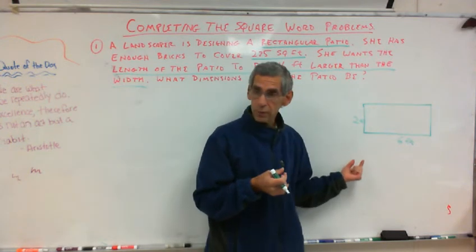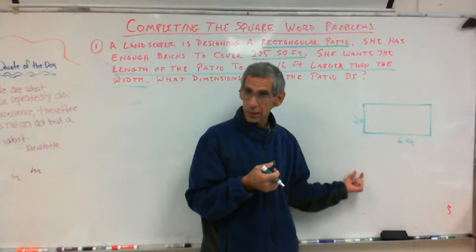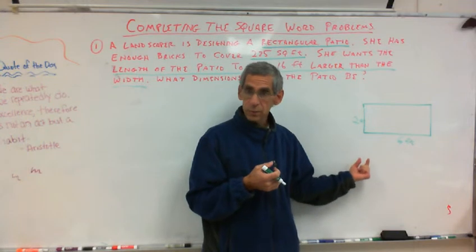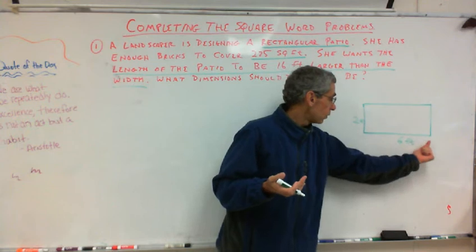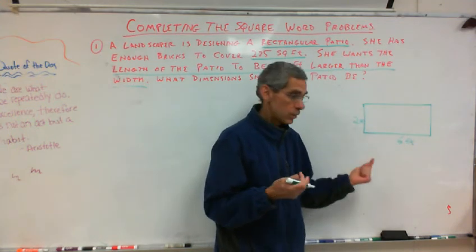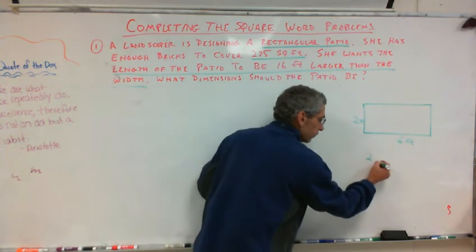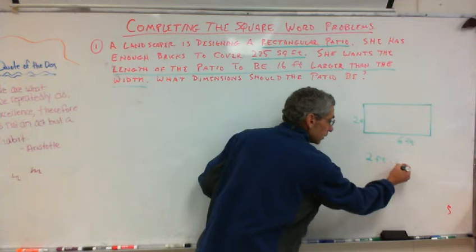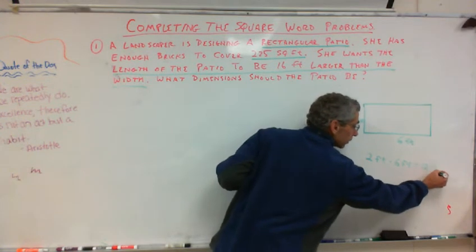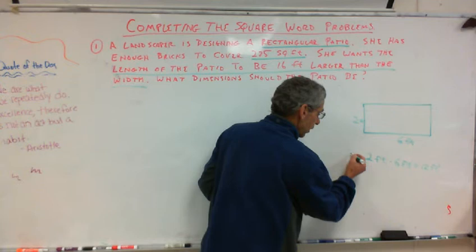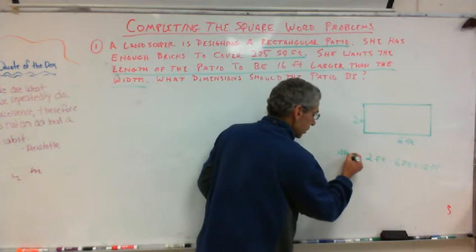Yes, so remember the formula for area is length times width, right? Either base times height or length times width, whichever one you want to think of. So length times width. So 2 feet times 6 feet is equal to 12 what? Feet squared. So that is area, right? All right.